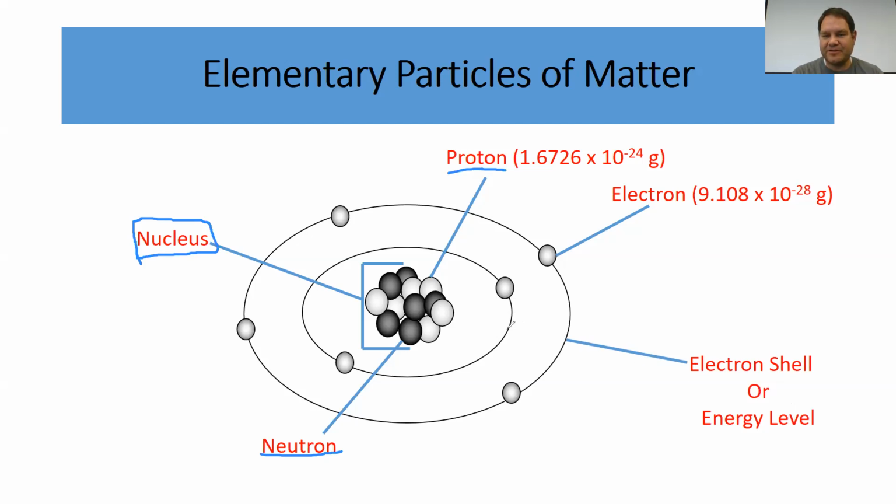In this diagram, we show only 2 electron shells, and often we'll indicate those shells using the symbol N, equal to whatever number that electron shell is. The one closest to the nucleus is the first electron shell, N equals 1, and then the second one is N equals 2.